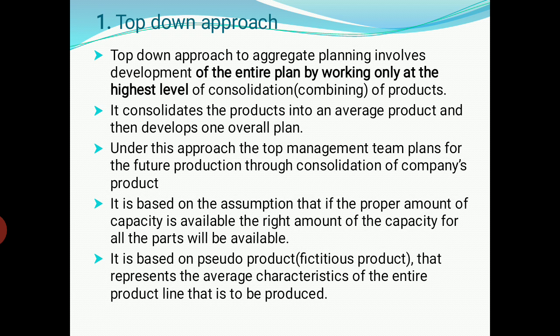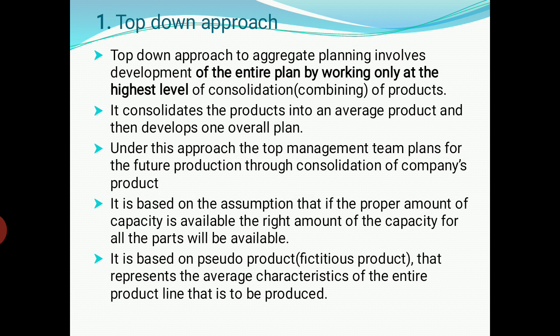Now what happens in this approach? Under this approach, the top management team plans for future production through consolidation of the company's products. As I told you, it is based on the assumption that if the proper amount of capacity is available, the right amount of capacity for all the parts will be available.